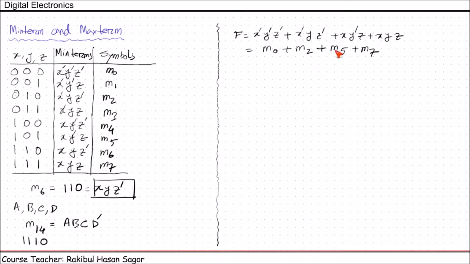This is also one of the ways of representation. We are writing this function as sum of minterms. Again, this function can be represented in this fashion as well. If we have 3 variables x, y, z, we put the sum sign, sum of minterms 0, 2, 5, 7.